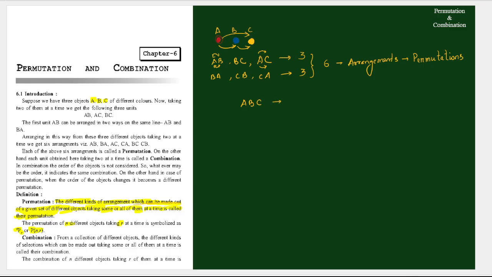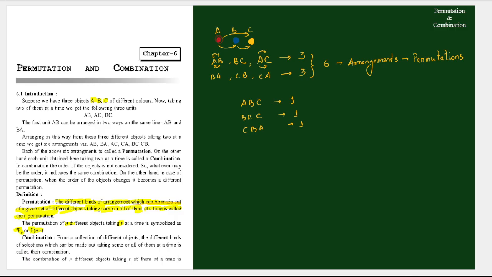If you take three objects, then one arrangement you can get, then again we can also have this, this is also another. Again, C, B, A, this is another. This is taking three at a time.